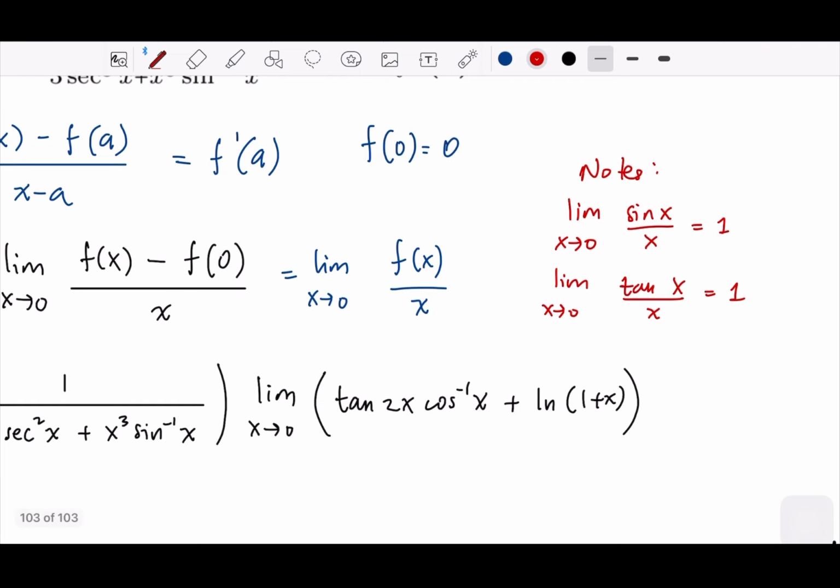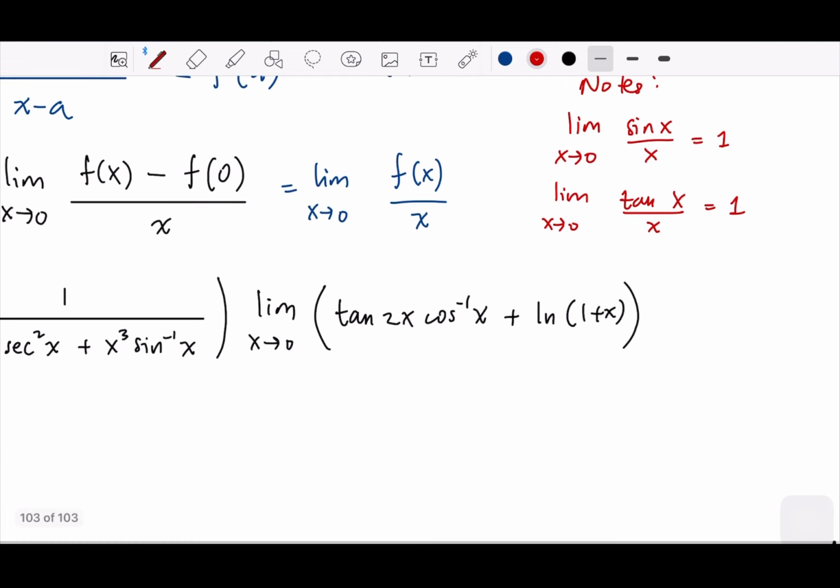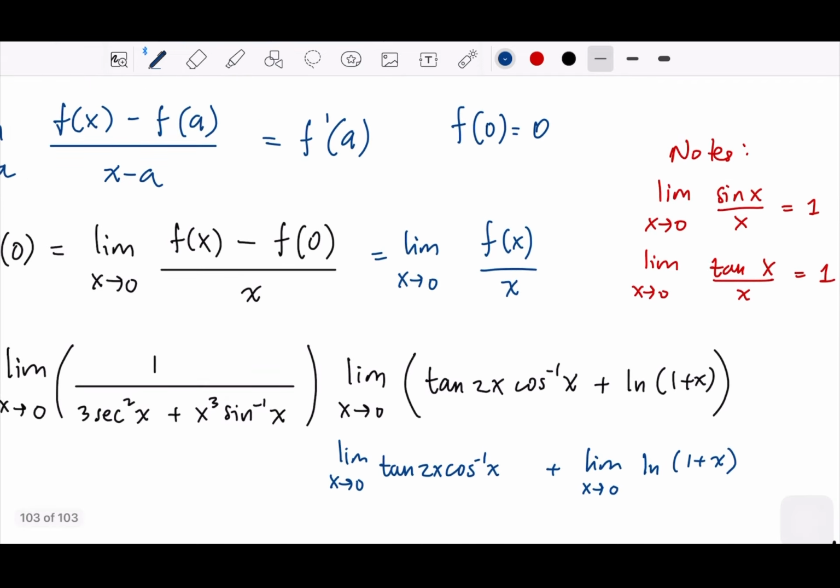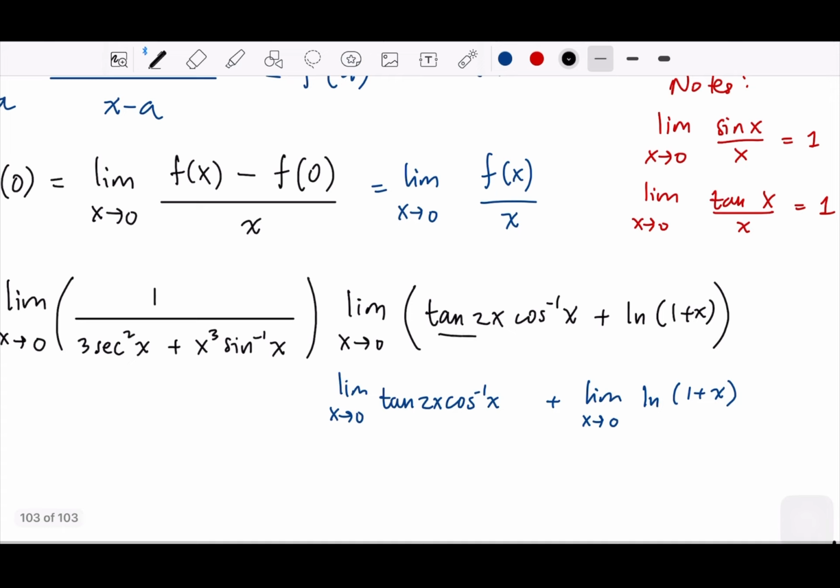So if we have the tangent 2x, we could take this, let me write here. First is this, and then the second is the ln. Oh, I forgot to divide by x, because we have x here, right? So we need to divide by x. Let me divide by x like here, and x here.